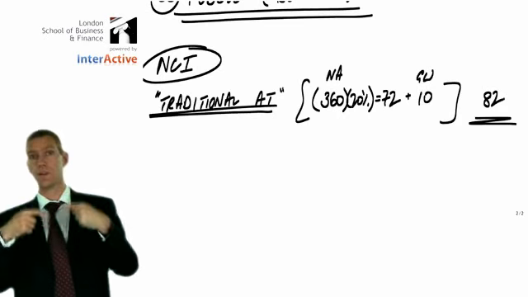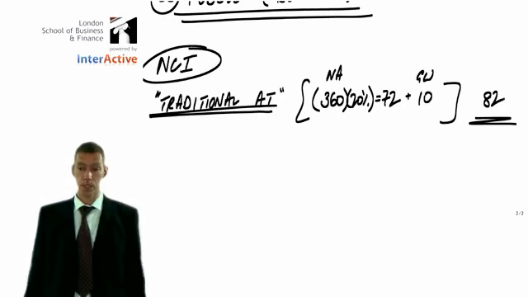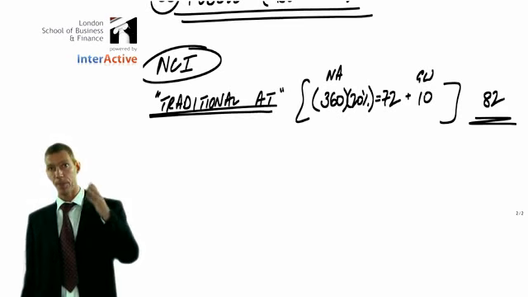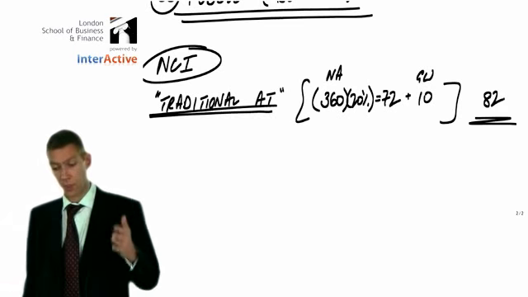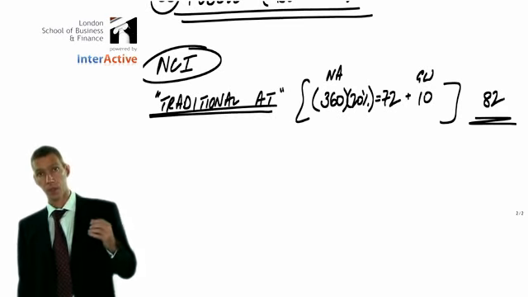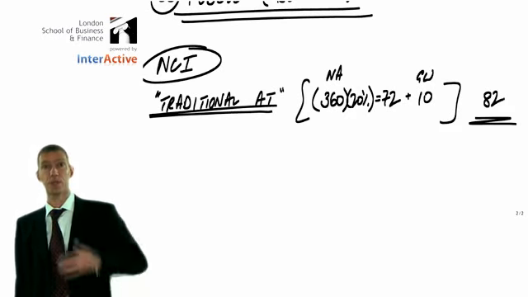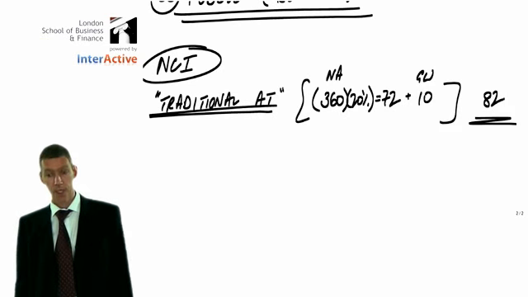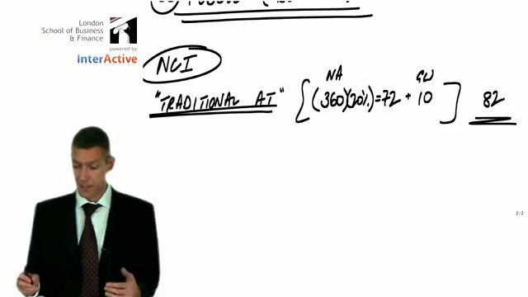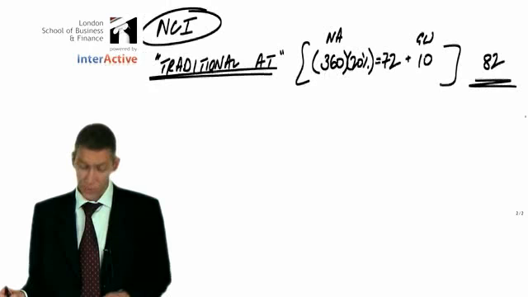Now that figure of 82 was right. But there's a slightly different way of calculating the same figure, which your examiner prefers. And I think I have to be honest with you, in terms of most exam situations, I prefer it as well. It has advantages, shall we say. It's called roll forward, and we'll see what you think.